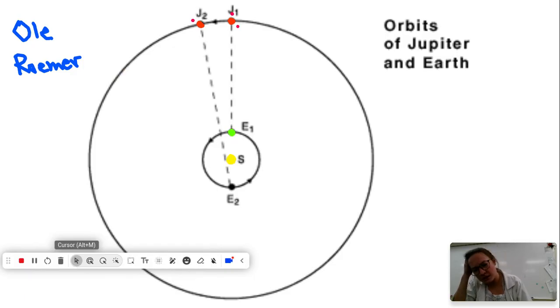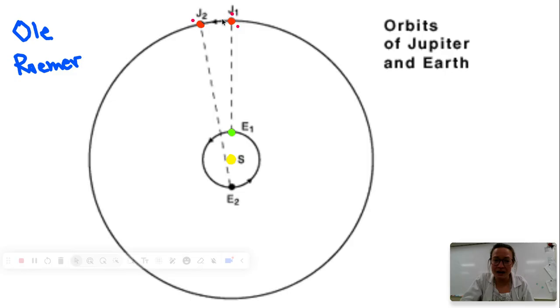Well, he started to notice that something weird would happen over the course of the year, that there would be times when the eclipse came too early or times when the eclipse came too late. And he said, it seems that this is not because Io is just going too slow during parts of the year or too fast at other times.